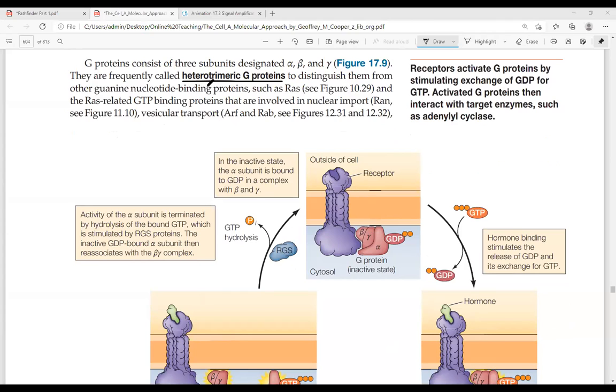Now, see this. They are frequently called heterotrimeric G proteins to distinguish them from other guanine nucleotide binding proteins.